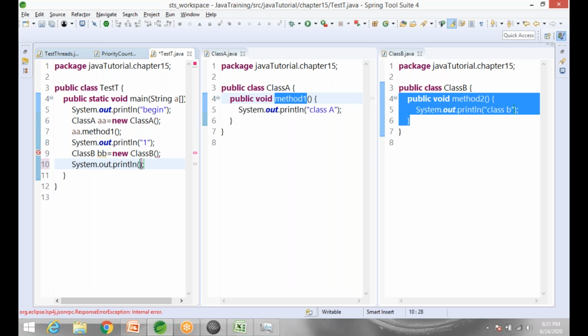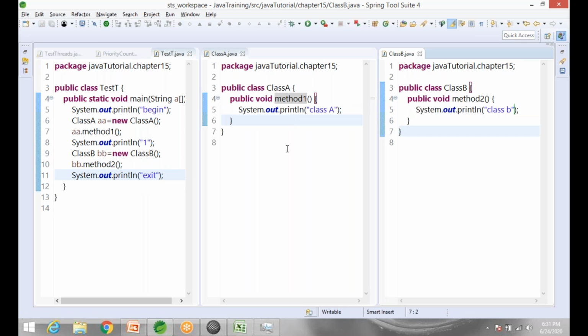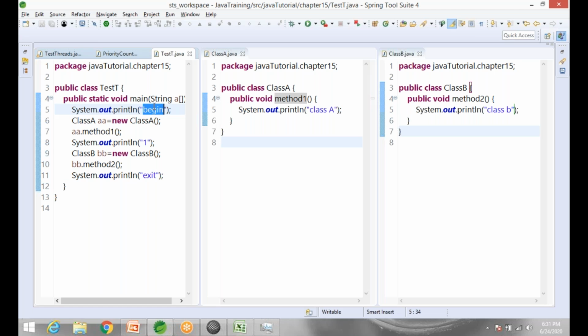All right, so just tell me what will it print? What is the output? Remember, we did the whole stack trace, how the control goes, and everything. So what will be the output of this program? First, it will print begin.